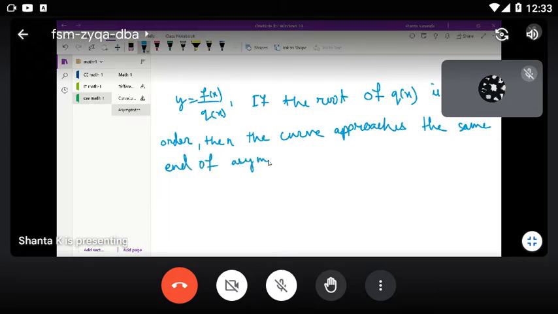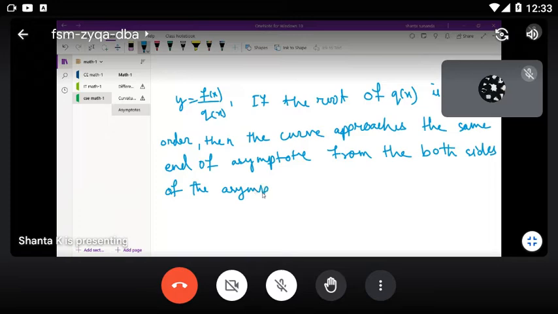So it is one good idea here: from both sides of the asymptote. For example, we will consider a similar example.